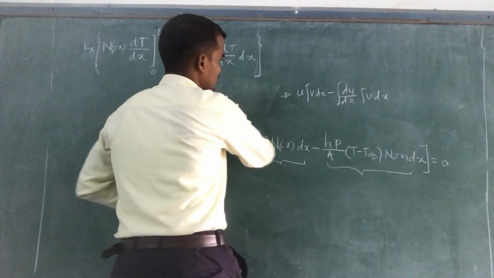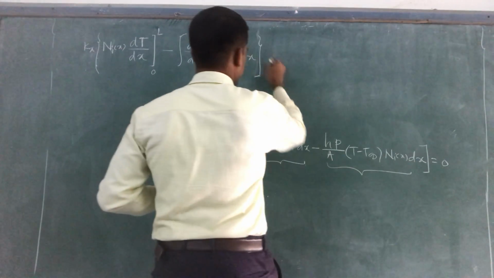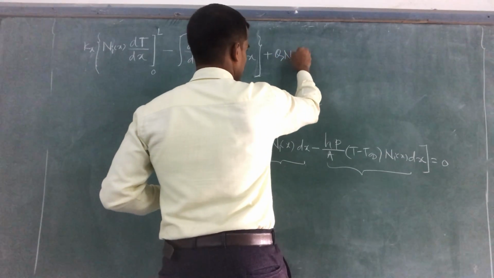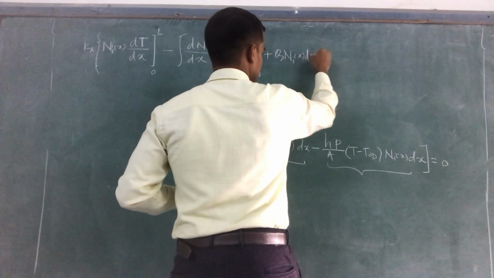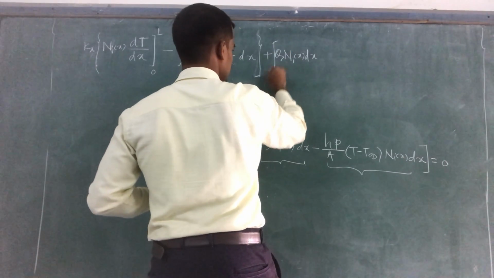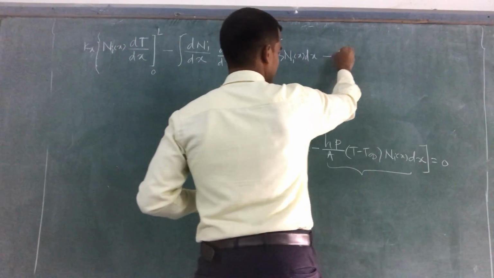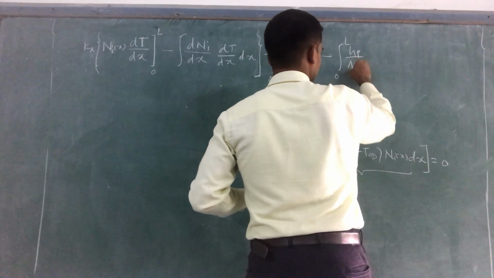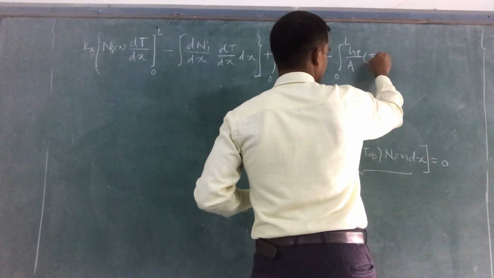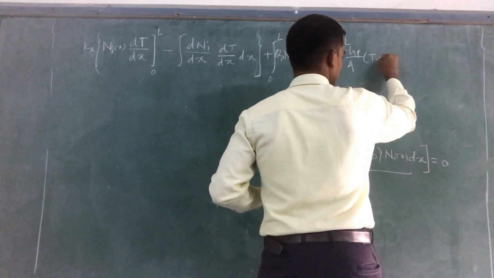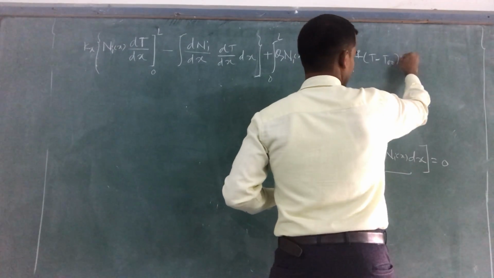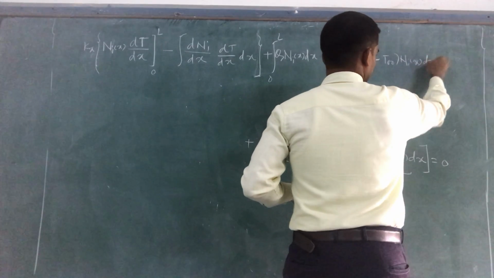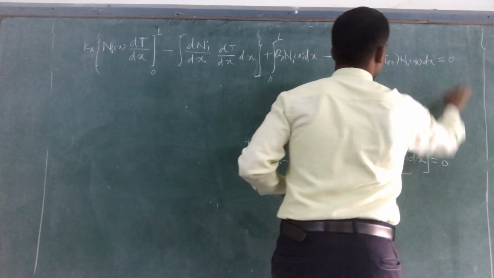Now the second term: plus q times Ni of x dx, integration 0 to L, minus integration 0 to L h into P by A times T minus T infinity and Ni of x dx is equal to 0.